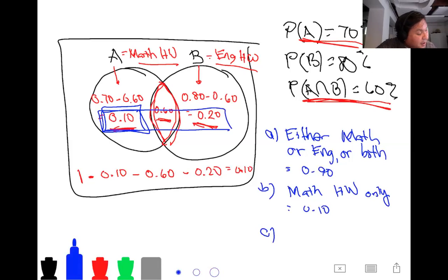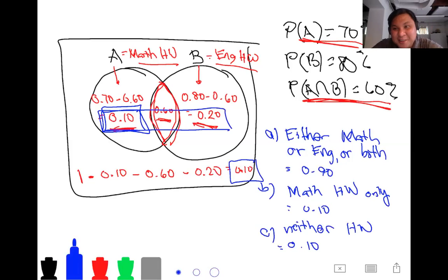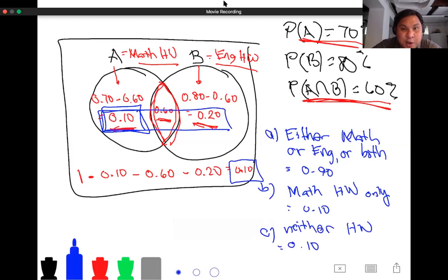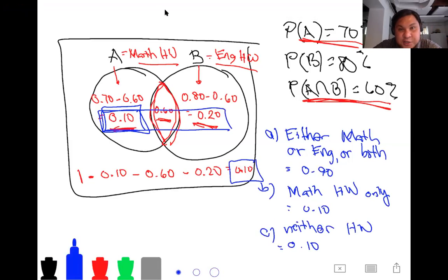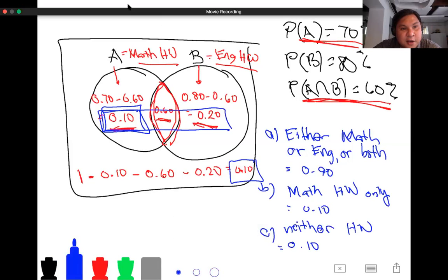That is simply this particular part, the one outside. So neither homework is, of course, 10% as well. So these should be the answers that we should be seeing in our lecture. Let's check them out, see if they are correct.